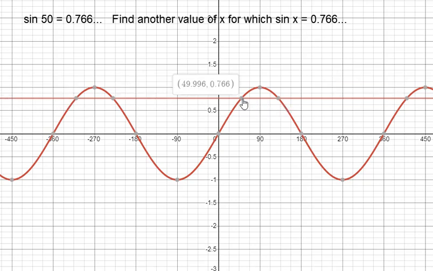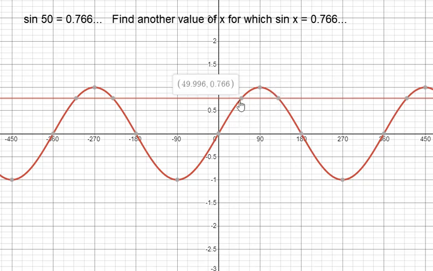And absolutely, it says 49.996 because I truncated 0.766. But you can see it, assuming that was absolutely right, then this straight line intersects the graph at lots of places, and of course off the screen as well. So we can see 5 angles, 2 negatives and 3 positives, but there's an infinite number because this graph goes on forever in both directions.